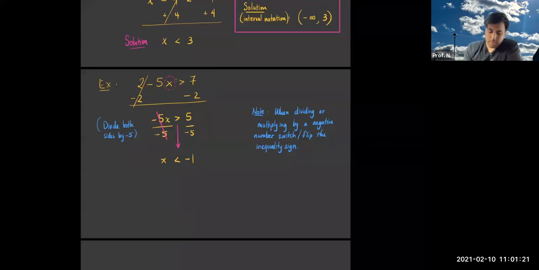So x is less than -1. So then what would be the graph of this? The graph would be -1, open circle, to the left. And then what would be the interval notation?